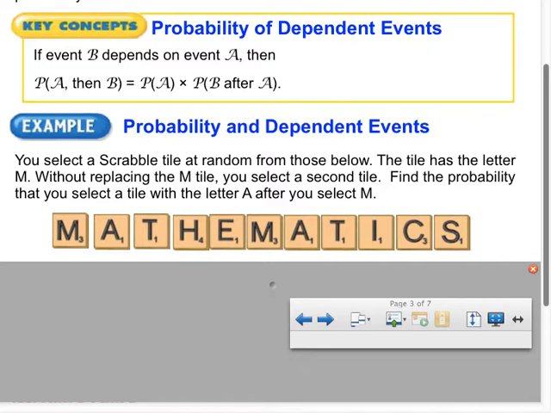Then the second tile you select, we need to find the probability of selecting the second tile. So in the moment, we're just trying to figure out the probability of the second tile being a letter A after I picked a letter M.